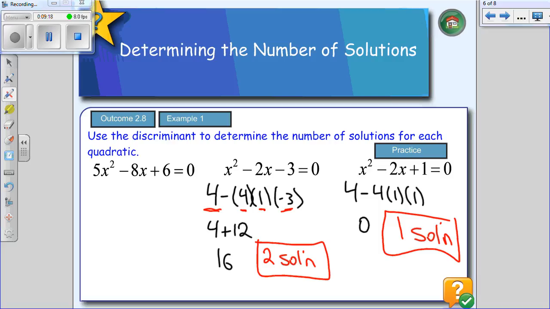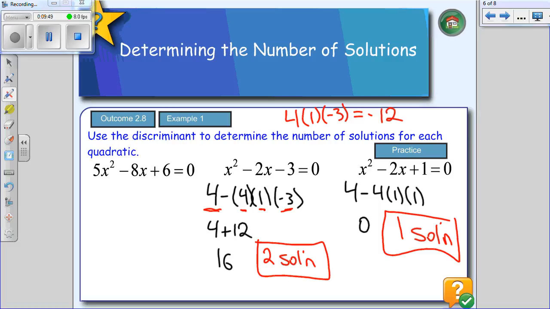Make sure you put your negatives in your brackets, because that's going to be important. When you solve 4 times 1 times negative 3, you should get negative 12. Minusing a negative 12 makes it positive. That's how you get positive 16 as your discriminant. You don't square root it. You just find the discriminant.